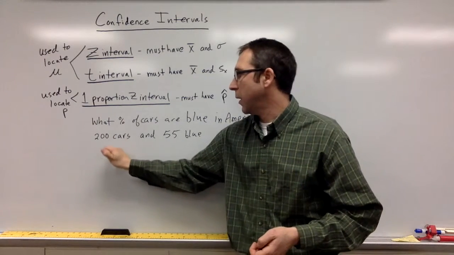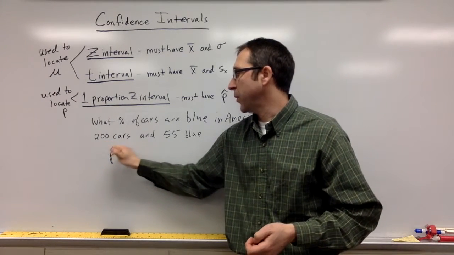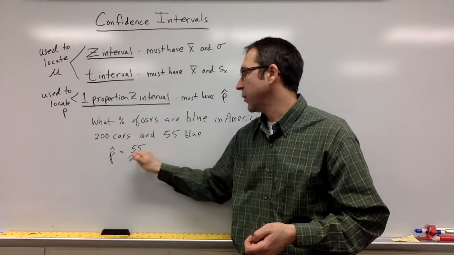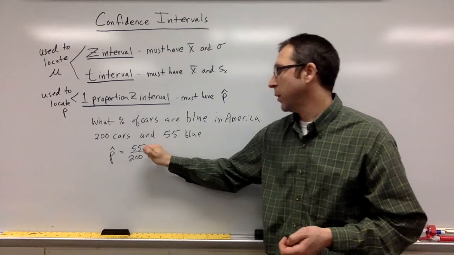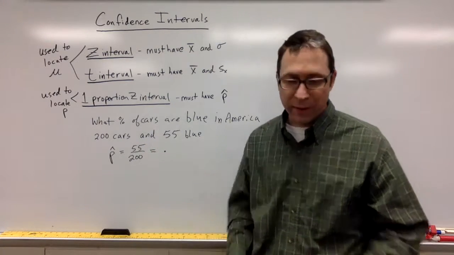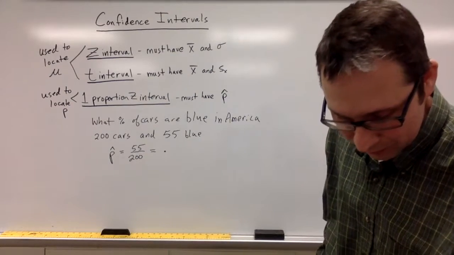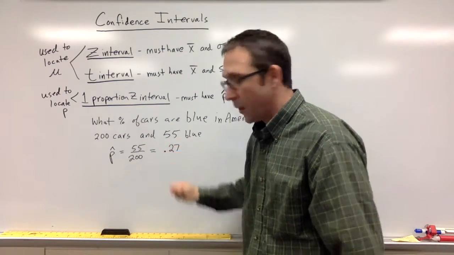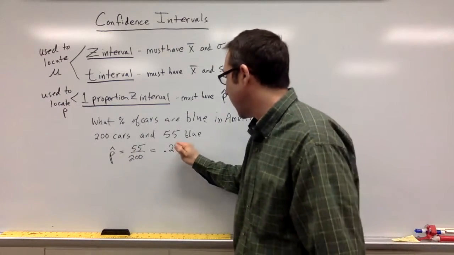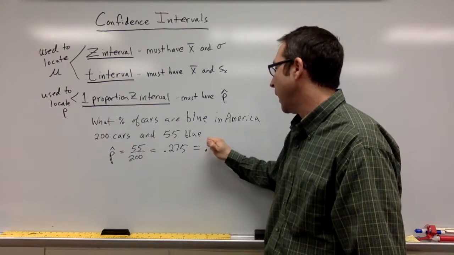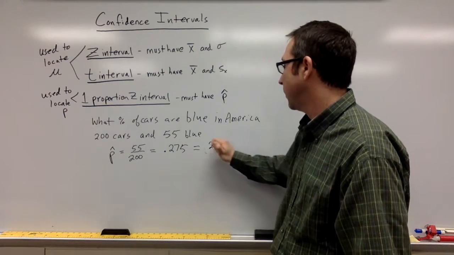That tells me a sample percentage: 55 out of 200 cars are actually blue. Quick math here, 55 divided by 200 would be exactly 27.5% of cars on the lot are blue.